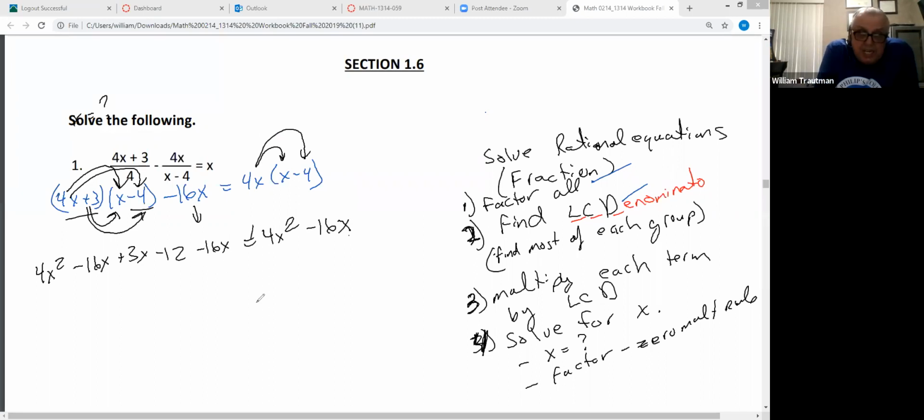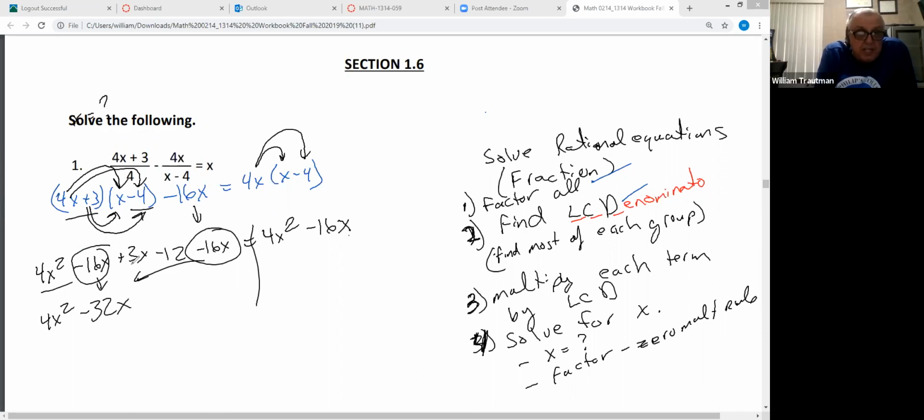On the right side, I cannot add x squares with x's. 4x squared cannot be subtracted with 16x. One's an x squared, one's an x. Over here, I have x squared, nothing, 4x squared, but I have negative 16x minus 16x. That equals negative 32x. Minus 16 and a minus 16 is a negative 32.